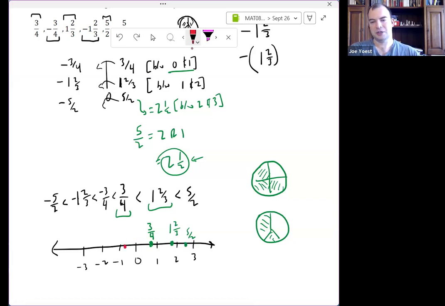It's going to be a little closer to -1 than it is to 0, but it's going to be between -1 and 0. -1 2/3, the opposite of 1 2/3. 1 2/3 is a little closer to 2 than it is to 1. -1 2/3 is going to be a little closer to -2 than it is to -1. -1 2/3. 5/2 is right between 2 and 3. -5/2 is going to be right between -3 and -2.